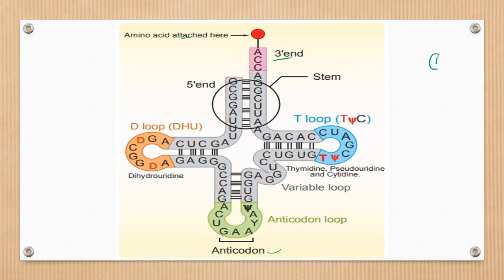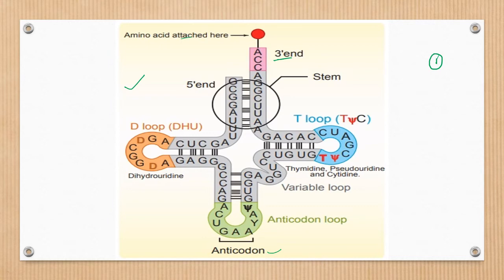Next, we can observe the structure of this molecule in two dimensions as well as three dimensions. In two dimensions, it appears as a clover leaf structure. This photograph is an example of the clover leaf structure. And in the three-dimensional structure, it appears in an inverted L shape.